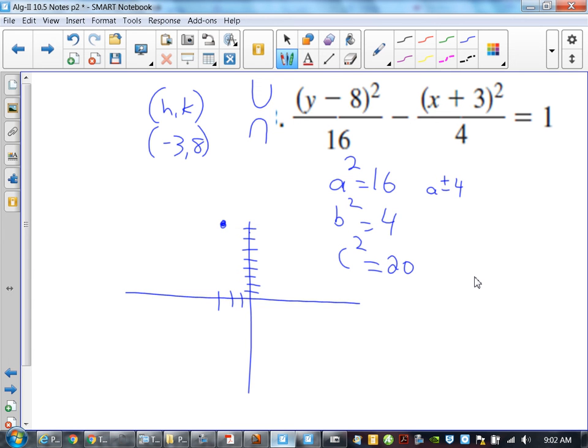Opposite of whatever that is. When you think about a hyperbola, remember your vertex always looks at a focus, so the focus has to be further out.